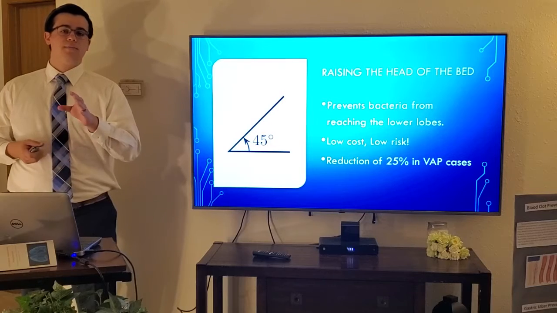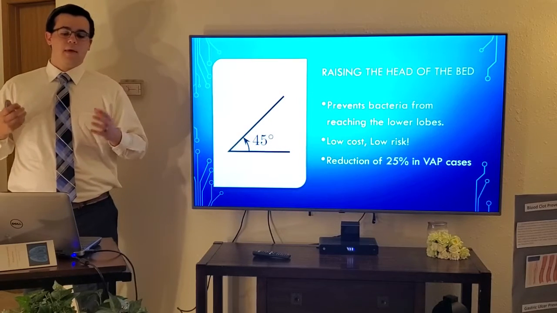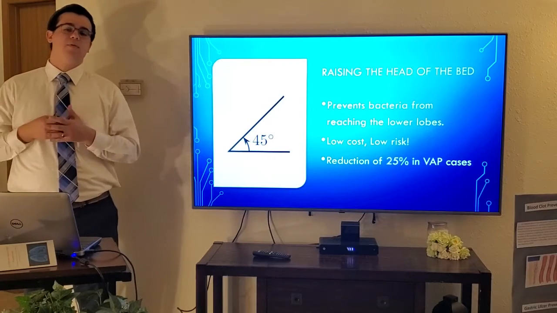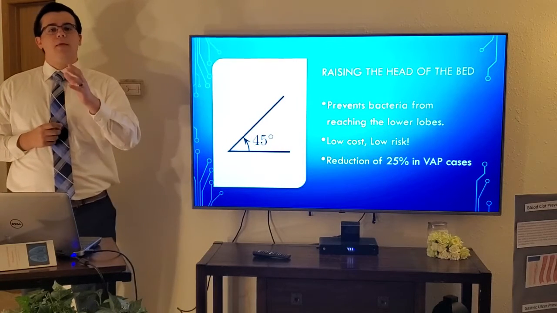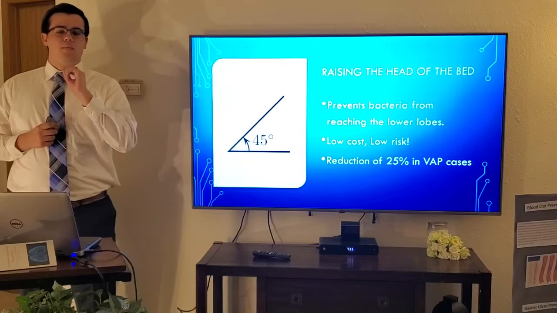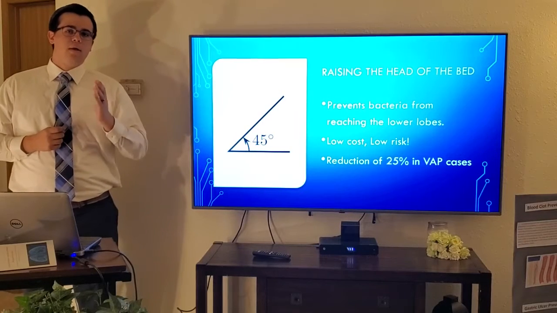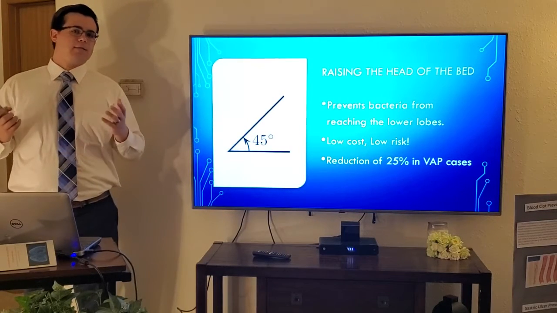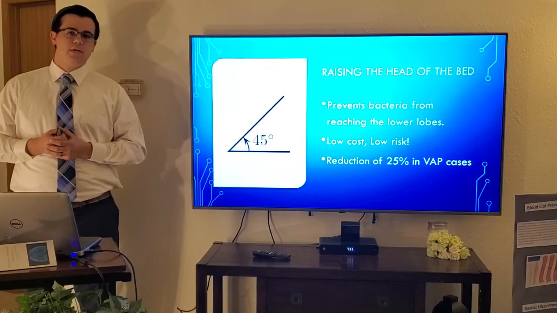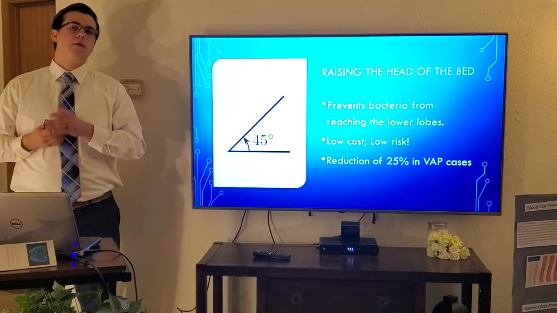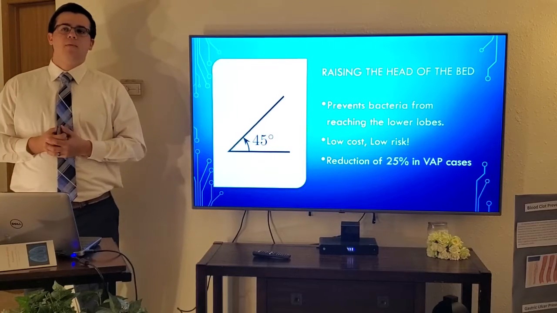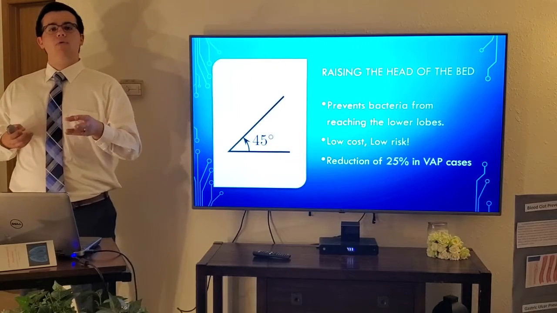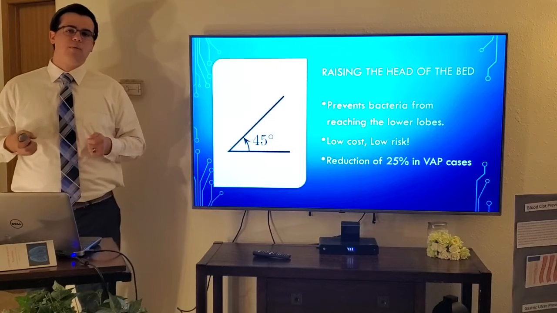Now, there are some things that would prevent a patient from being put at 45 degrees. For instance, let's say someone breaks their back. If they have a broken back, a lot of times the recommended angle is no greater than 20 degrees, with their brace on or off. So how do we hit that happy medium?